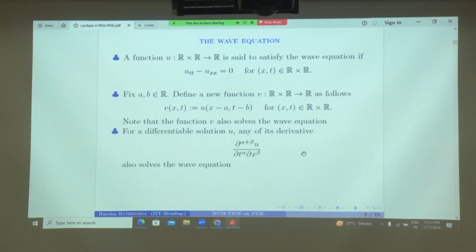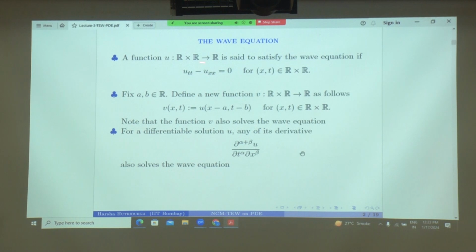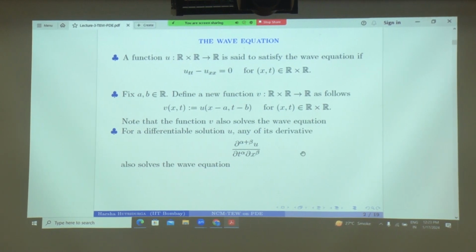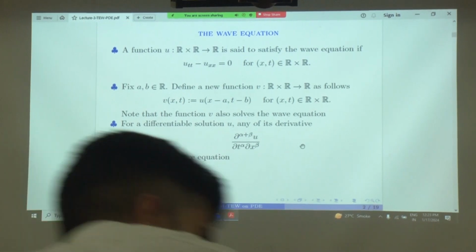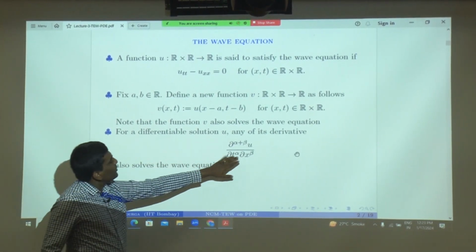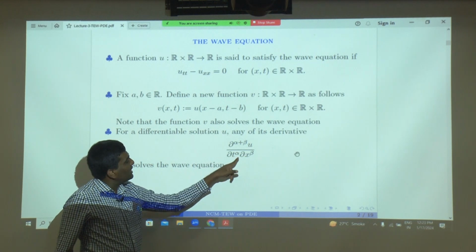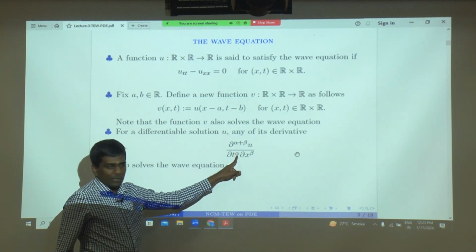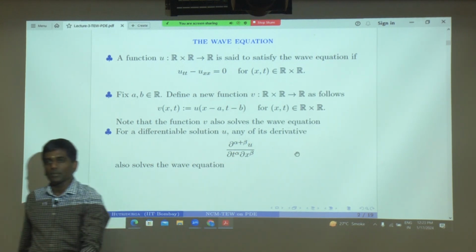The next observation is, suppose somebody gives you a solution u to the wave equation, and I blindly differentiate it. Suppose it's a smooth function, you can differentiate it as many times as you like, and here I have simply differentiated that function alpha times in the t variable and beta times in the x variable.